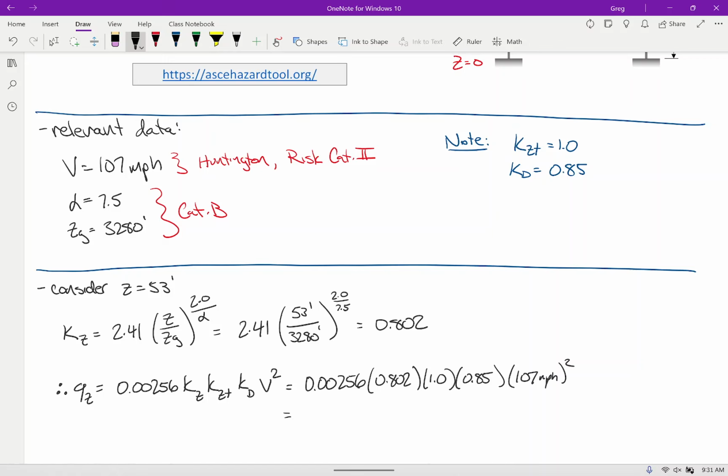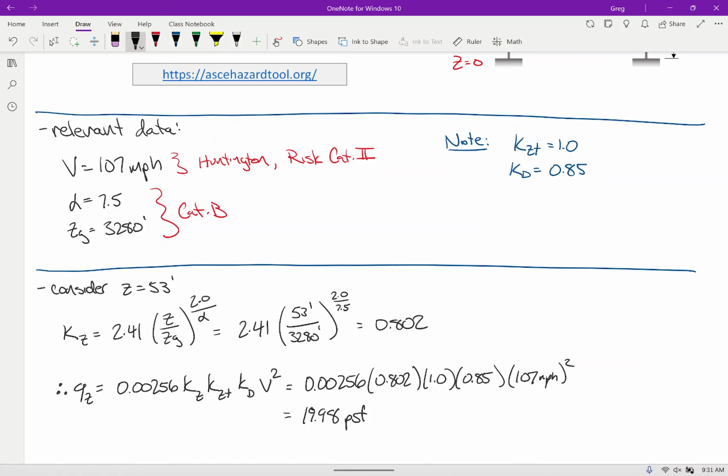And what do we get for this? 19.98 pounds per square foot. That's pretty easy, right?